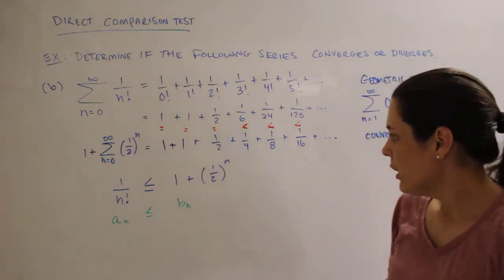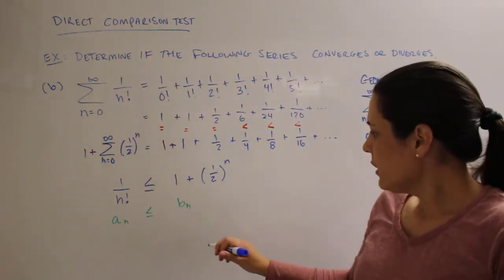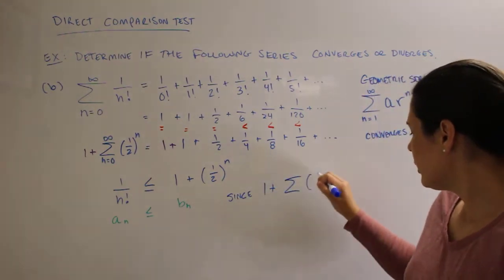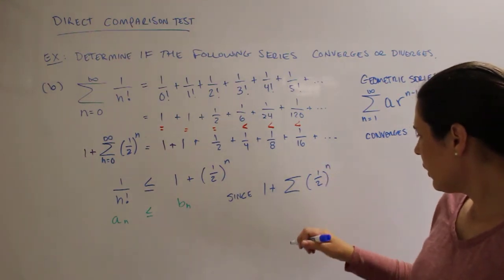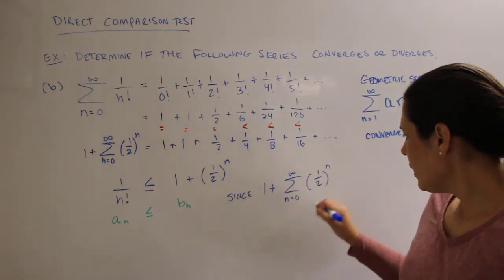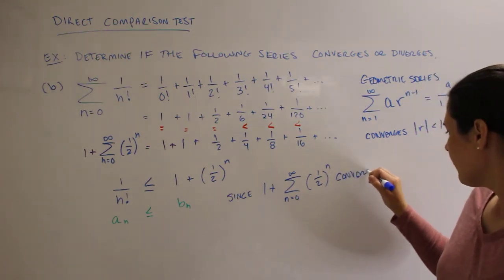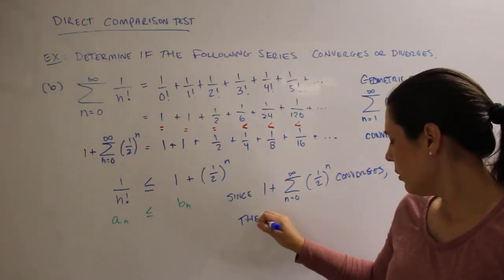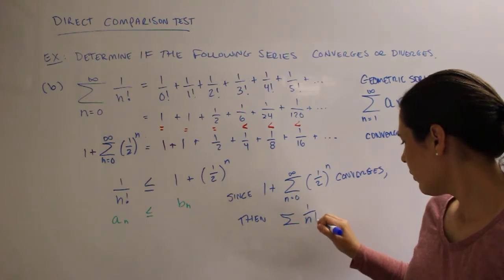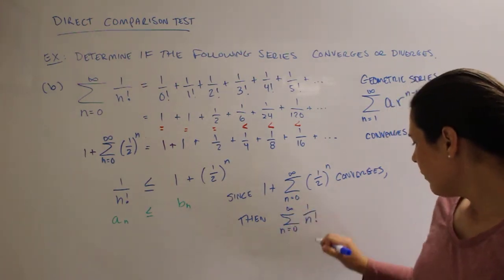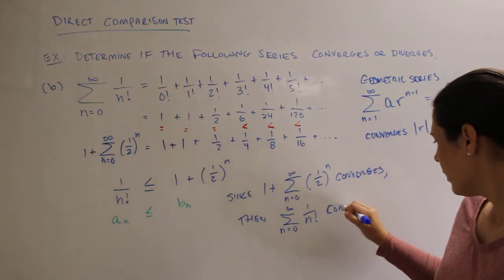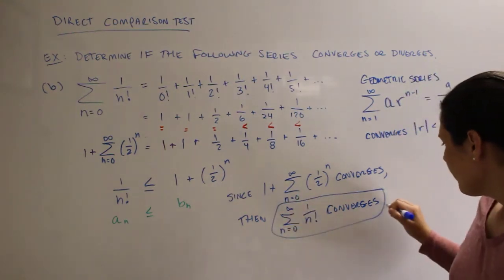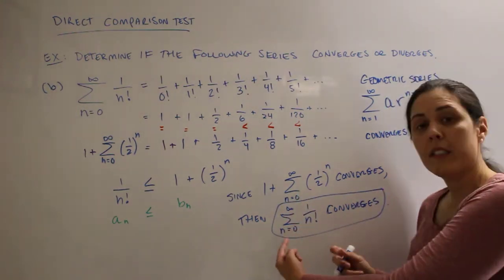So by our direct comparison test, we can say, since 1 plus our geometric series with r equal to 1/2, as n goes from 0 to infinity, converges and it's the larger series, then the smaller one, the series of 1 over n factorial, n from 0 to infinity, also converges. We were able to use our direct comparison test to figure out that this series converged.